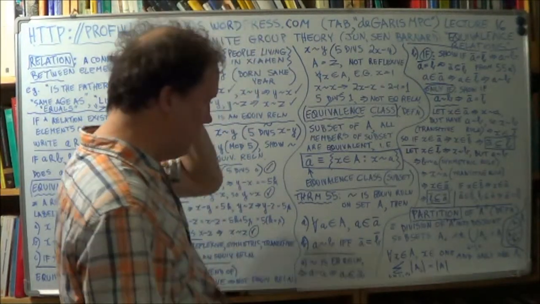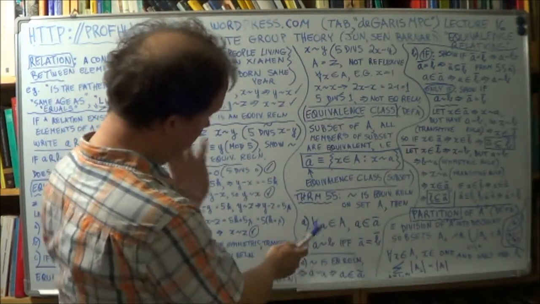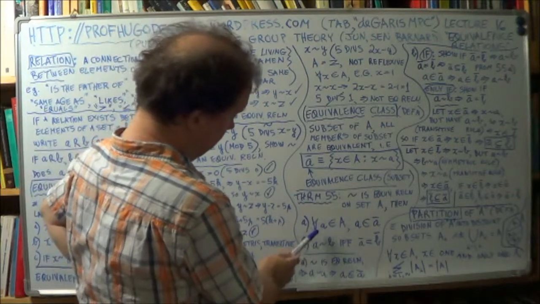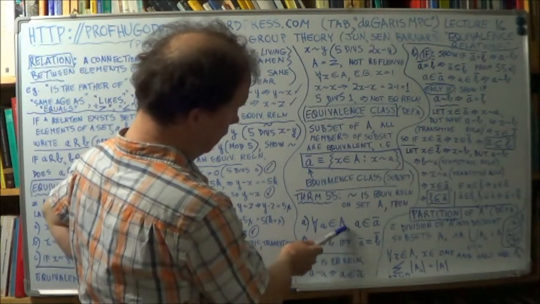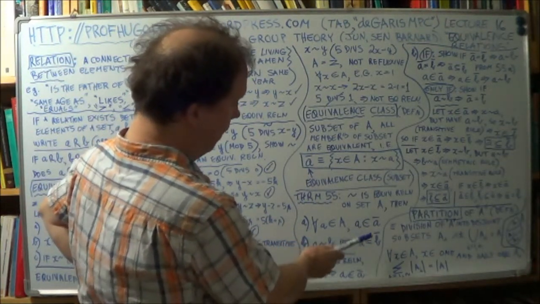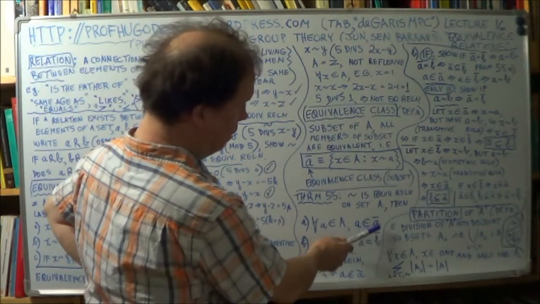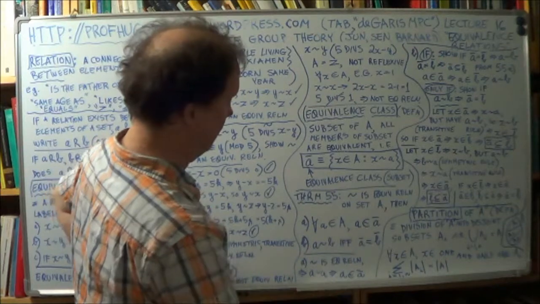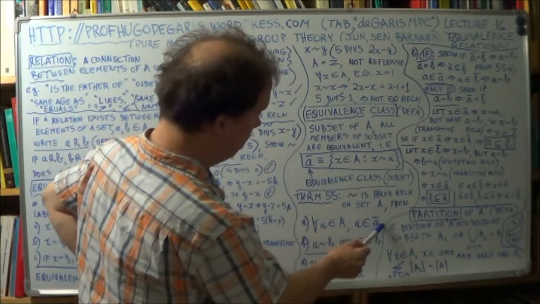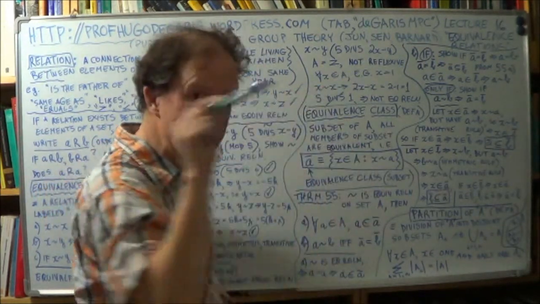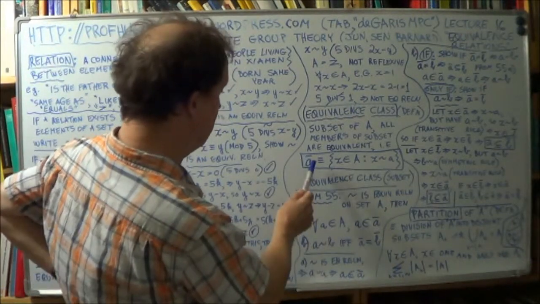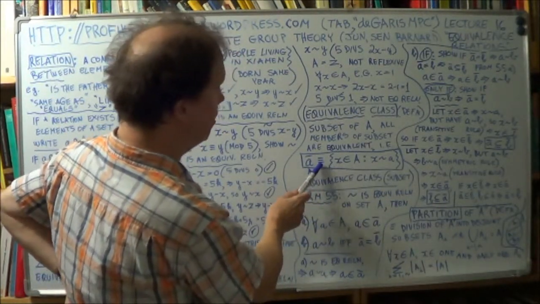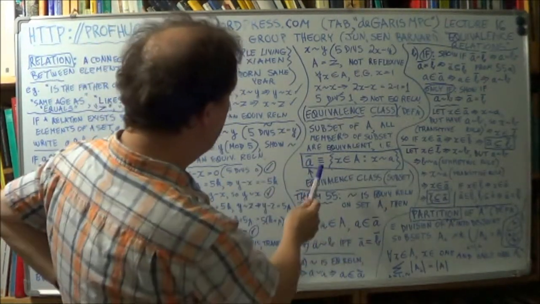And it's in two parts. The first part is for any element belonging to your set A, big A, that element belongs to its own equivalence class. Now what is this? Remember this A bar, with a bar above. It's this, right? The three lines here mean by definition.